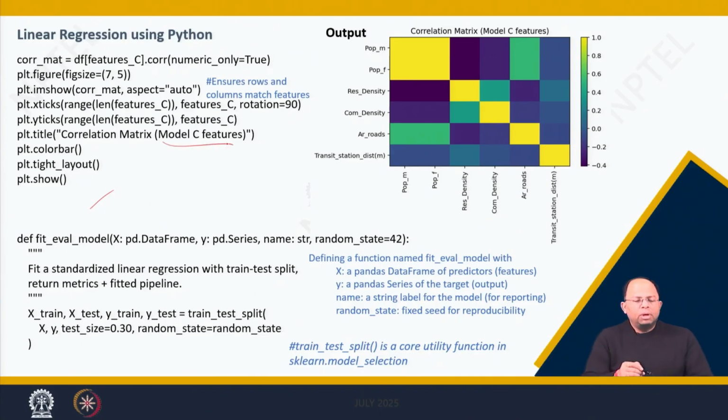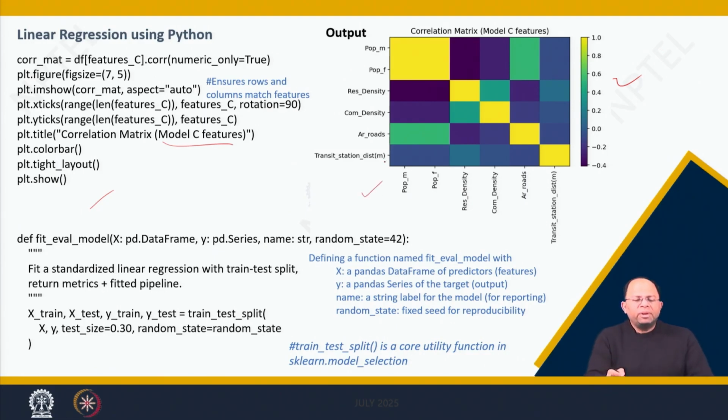We could have done it earlier as well. So both the correlation matrix as well as the VIF help us to understand multicollinearity, that is, what is related with what, and we can do feature selection or model selection using both this and VIF.